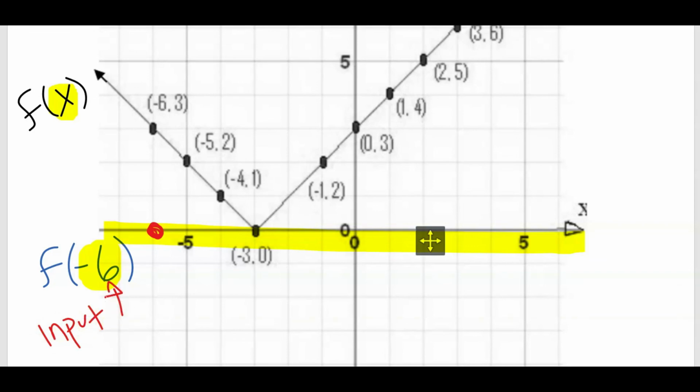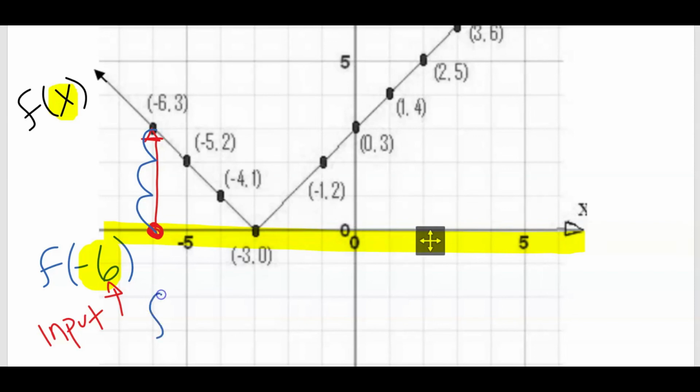With an equation, I would just plug the number in. Well, with a graph, I'll just go up or down and figure out where I hit that graph on the y-axis. Well, you'll notice I hit that graph at positive 3. Basically, how high up did I go? I went straight up to find this graph. I went up 1, 2, 3 spaces. I went up 3.